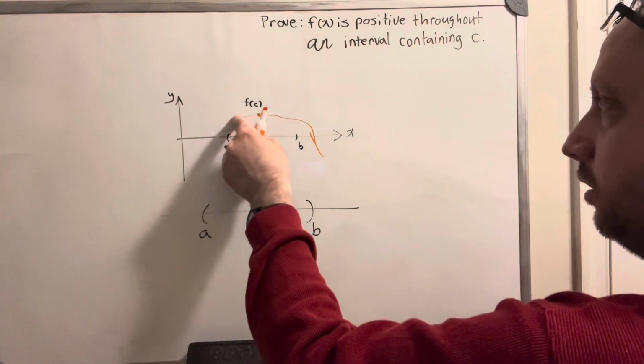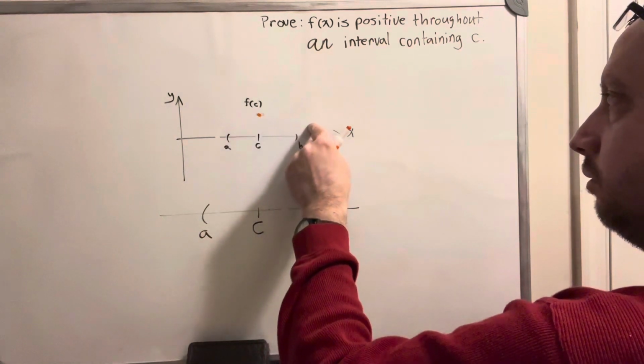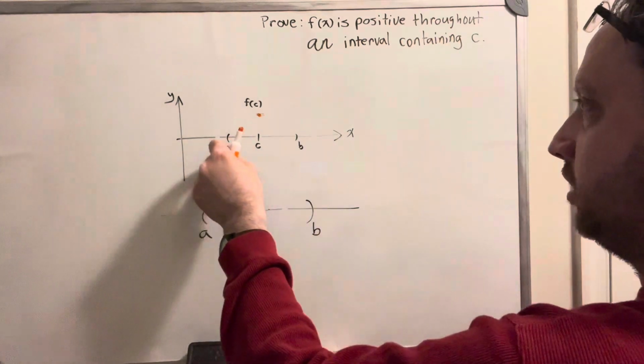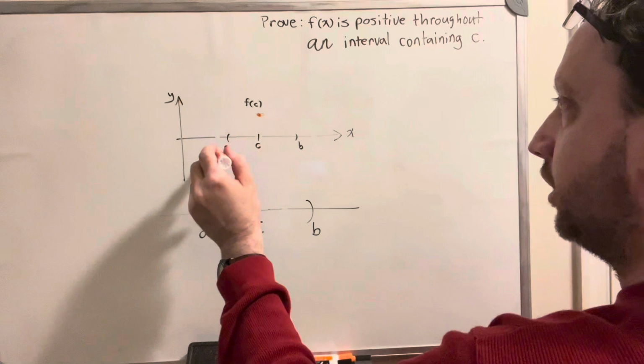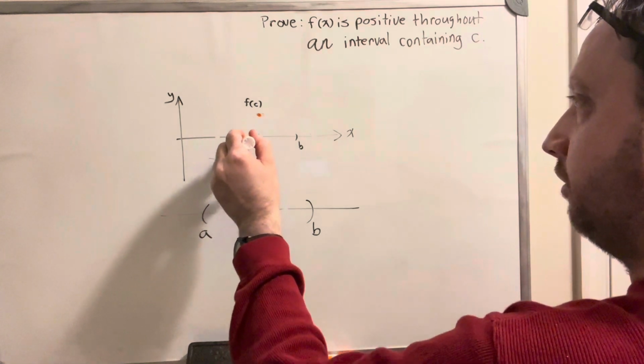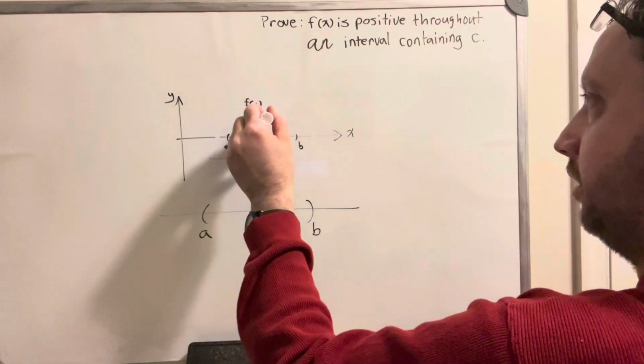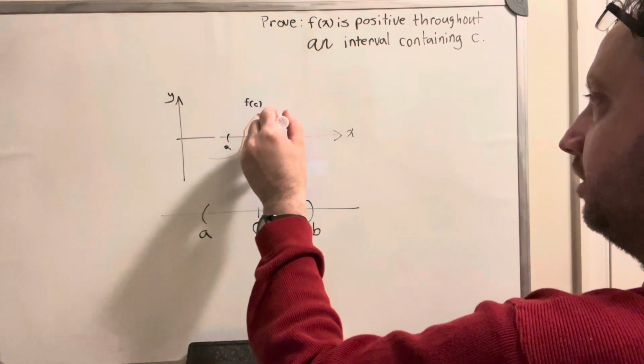What about this, though? What if the actual function was defined on the whole AB, but it was negative for this part, and then it got positive, and then it stayed positive?